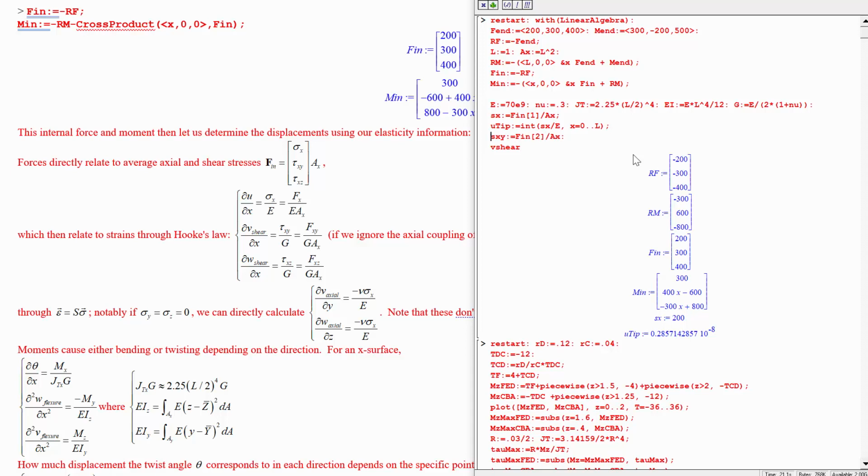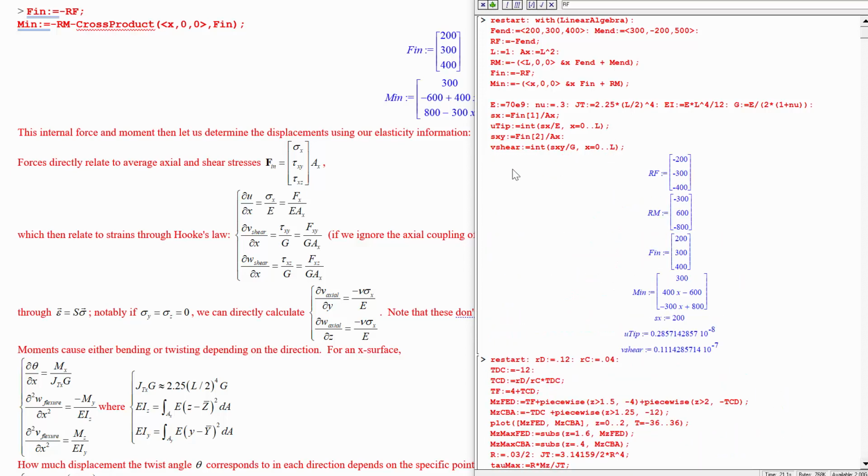And we'll take that stress, and if we divide it by G, then we're going to have the slope of the shear displacement. So we'll say V shear would be equal to the integral of Sxy divided by G from x is 0 to L. And what else are we going to have? So shear displacement of the tip is more than the axial displacement of the tip in this case.